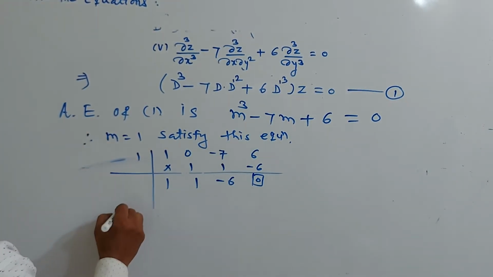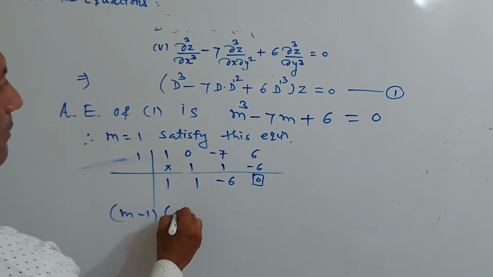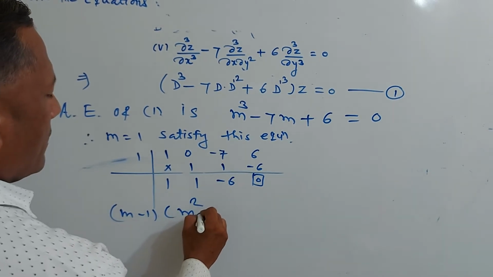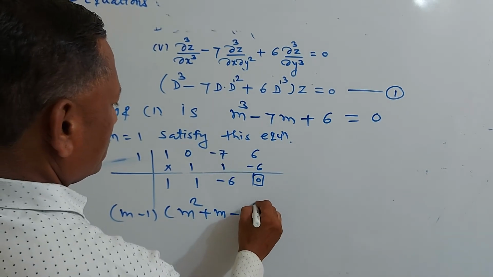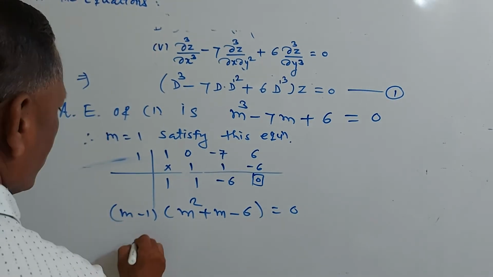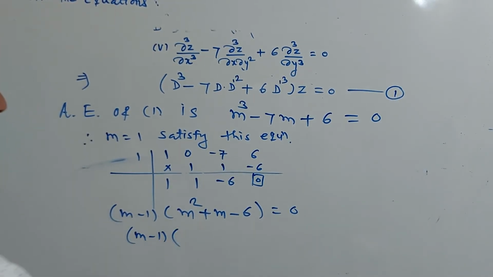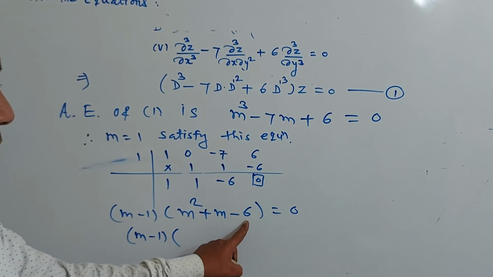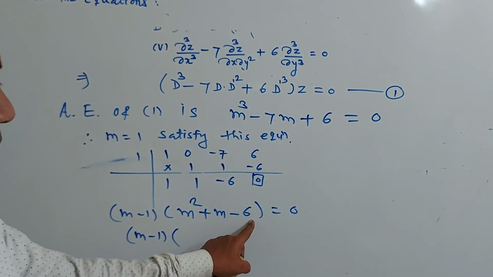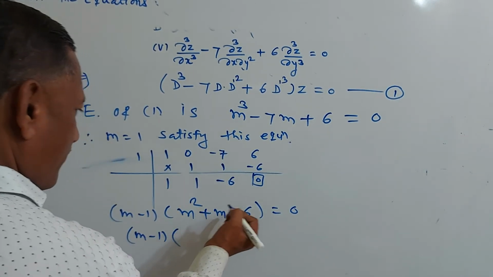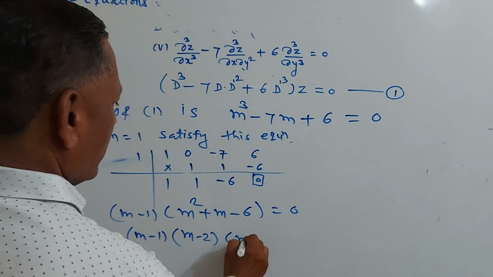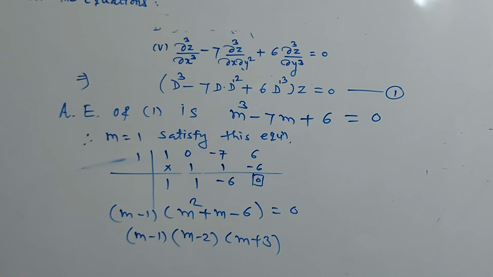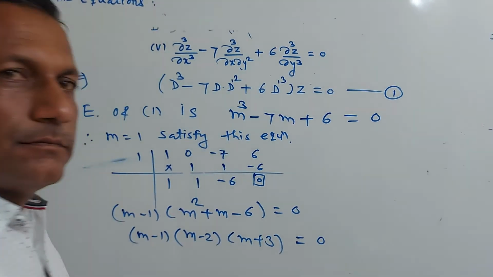Therefore, the factors are (m minus 1)(m² plus m minus 6) is equal to 0. Therefore m minus 1, here m² plus m minus 6, then 2 into 3 is 6, means its factors are (m minus 1)(m minus 2)(m plus 3), minus 2 plus 3 is 1, is equal to 0.